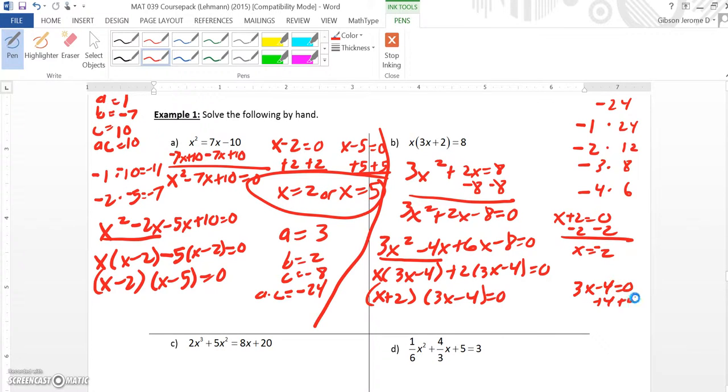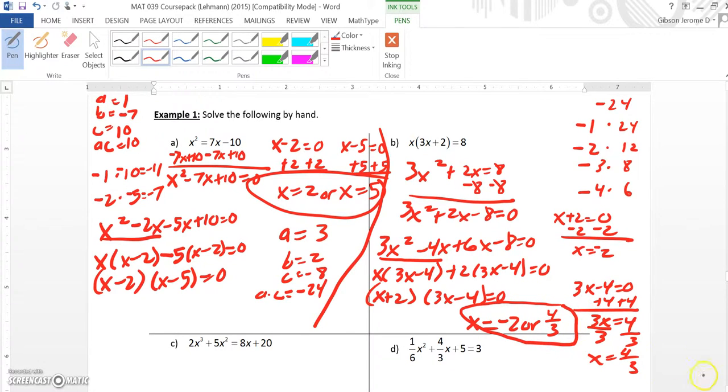We have to add 4 on both sides here, and 3x is equal to 4. Divide each side by 3, and x is 4/3. So our final answer, which I'm going to write here because I have lack of space, is x equals negative 2 or 4/3. That will be our final answer.